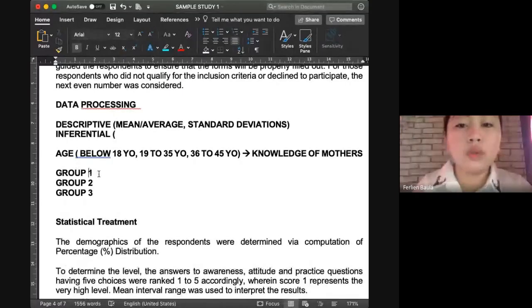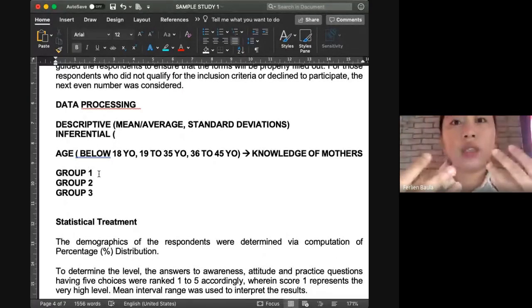Ano yung difference nila? Gusto nyo tingnan, may difference ba yung mga young mothers between normal age, young adults, and between elderly or mga early menopausal babies? So, this type of question needs inferential statistics. Okay, but we will have an in-depth discussion on that next meeting.